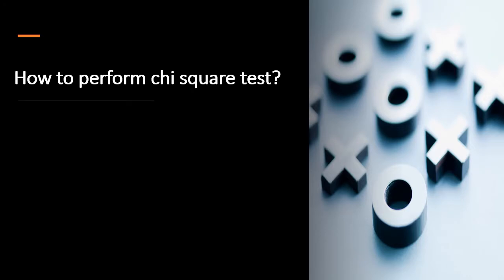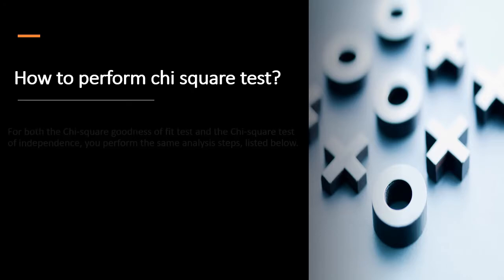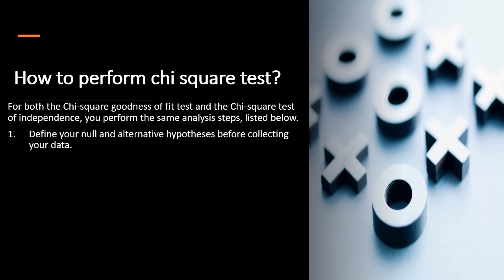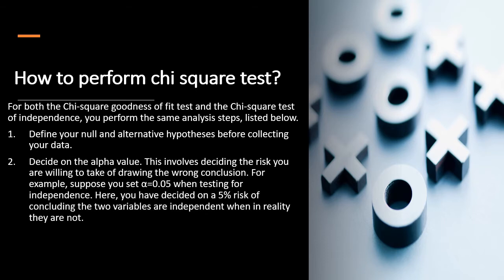So now we'll discuss how to perform the chi-square test. For both the chi-square goodness of fit test and chi-square test of independence, we have to perform simple steps. Like we have to define our hypothesis right before or right after collecting the data. And then we have to decide the alpha value. This involves deciding the risk you are willing to take of drawing the wrong conclusion.